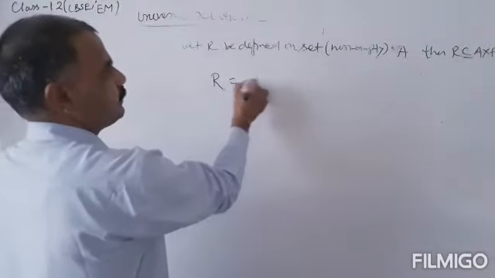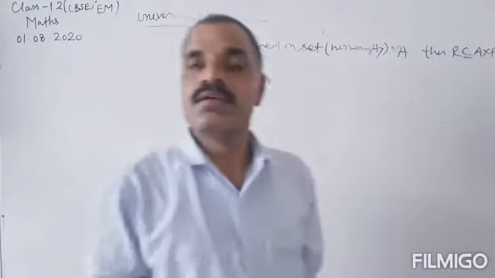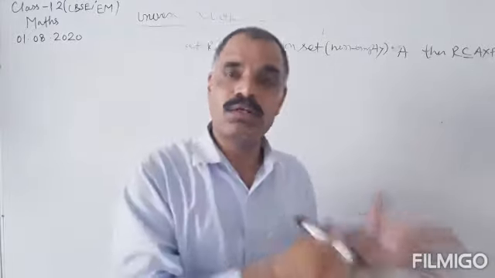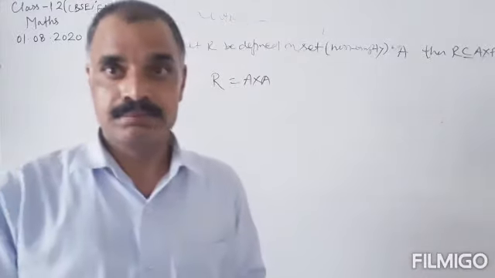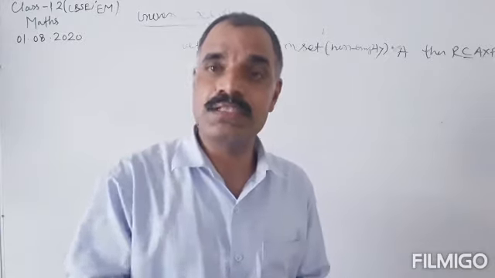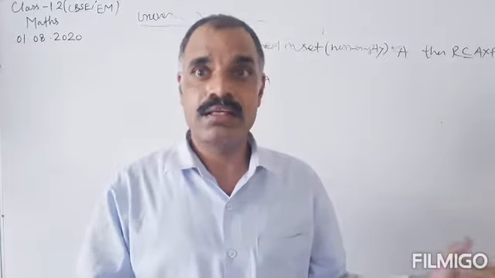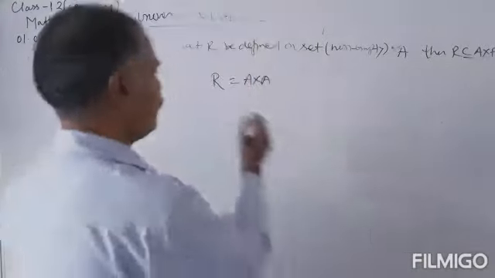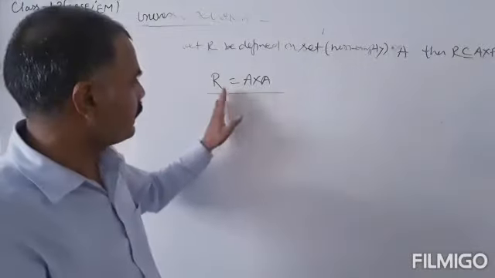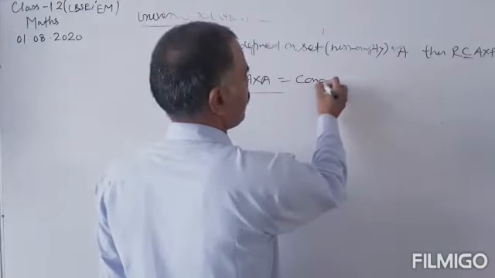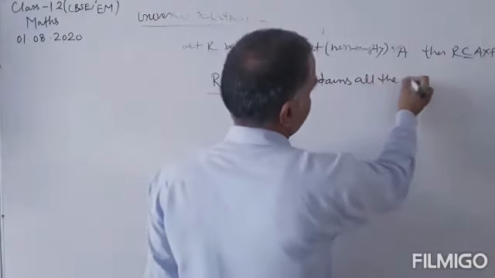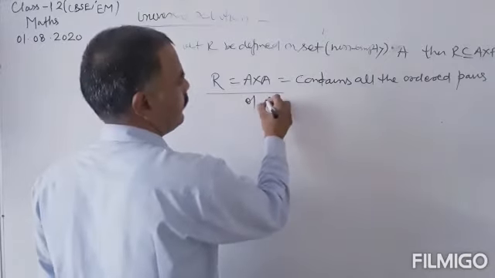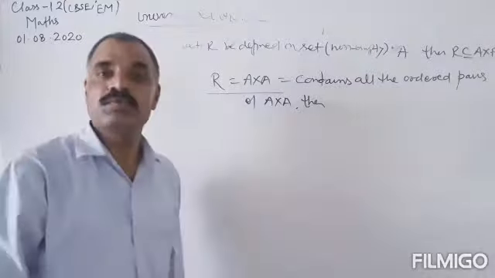Now if R is equal to A cross A, since there is a subset which contains all the elements of the given set, and here the given set is A cross A, there is a relation which contains all the ordered pairs of the Cartesian product A cross A. So if R equals A cross A, meaning relation R contains all the ordered pairs of A cross A, then relation R is said to be a universal relation.